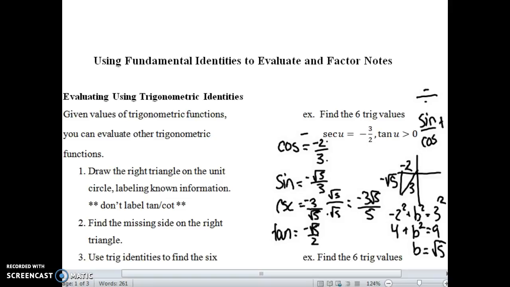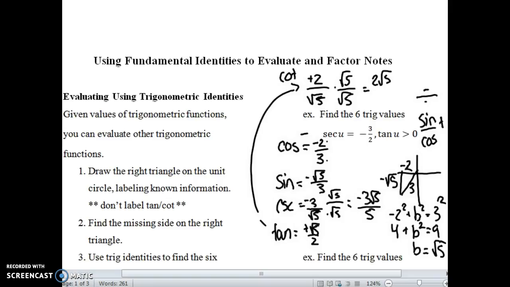And finally, running out of room, the cotangent will be negative 2. Oops, sorry, this is going to be a positive root 5 over 2 because I have 2 negatives. So this will be a positive 2 over root 5 for the cotangent. And then I need to rationalize it, and I get 2 root 5 over 5. I should have given myself more room on the notes.